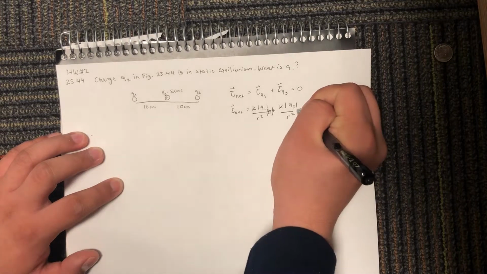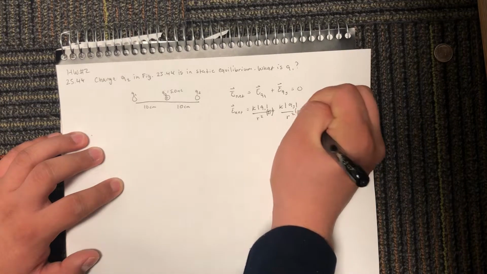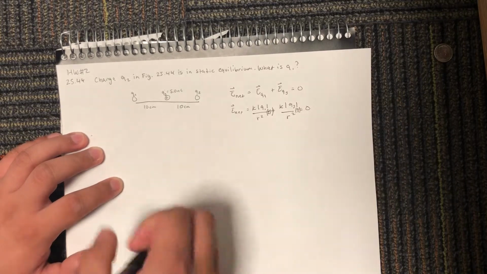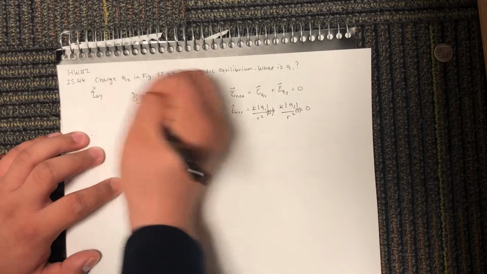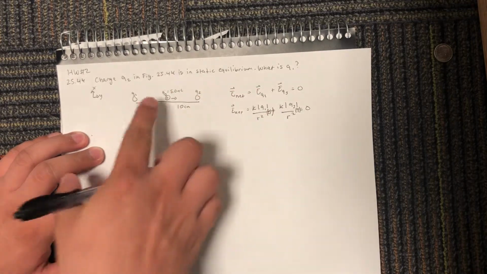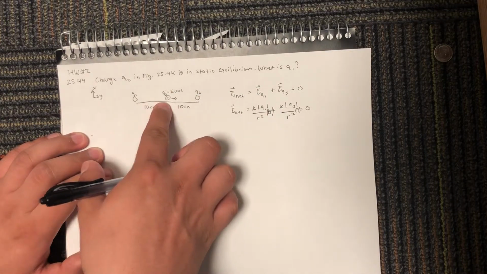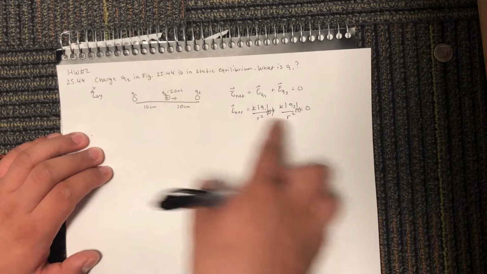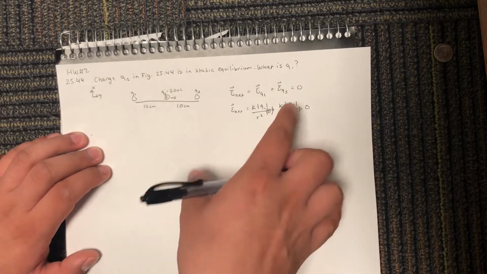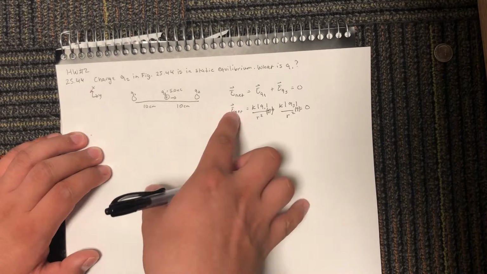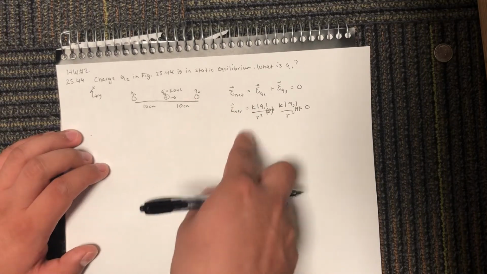But we do know that Q3 is a positive charge in our conventional direction. We know that the electric field from Q3 will move away from the source and outwards, so we'll have a positive I hat direction.